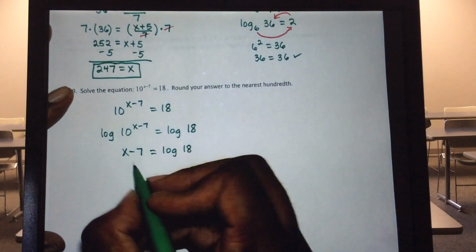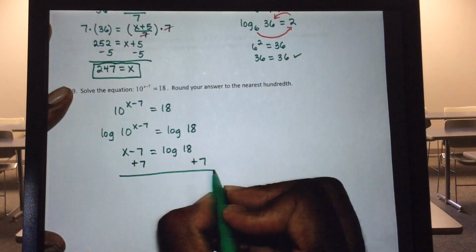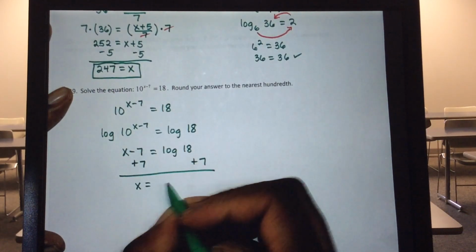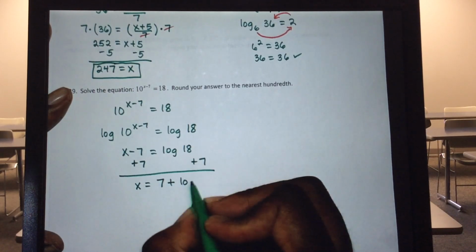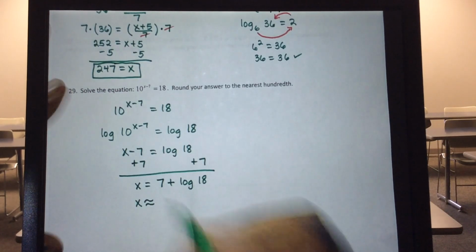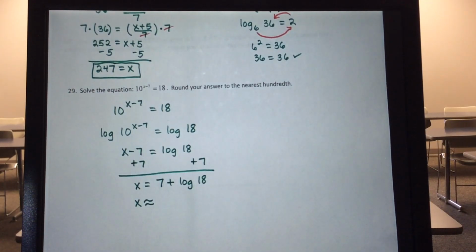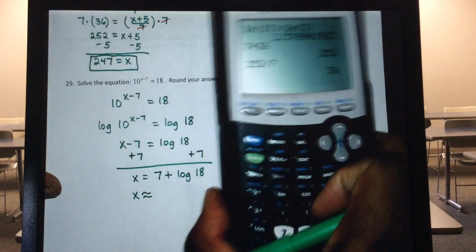We're subtracting 7, so we need to add 7 on both sides. So x is equal to 7 plus log of 18. I put the 7 in front of the log of 18 because you want to make sure that when you type it in the calculator, it is correct.